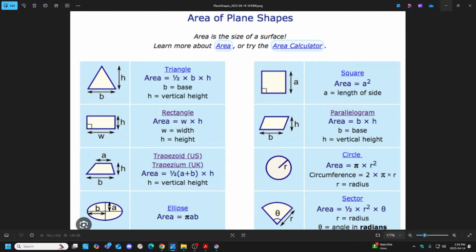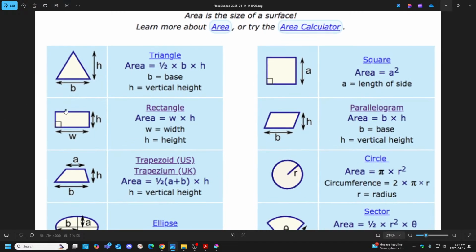Four sides. It has four straight sides which form the boundaries of the shape, right? Four right angles: 1, 2, 3, 4 right angles. That square there represents a 90 degree angle.